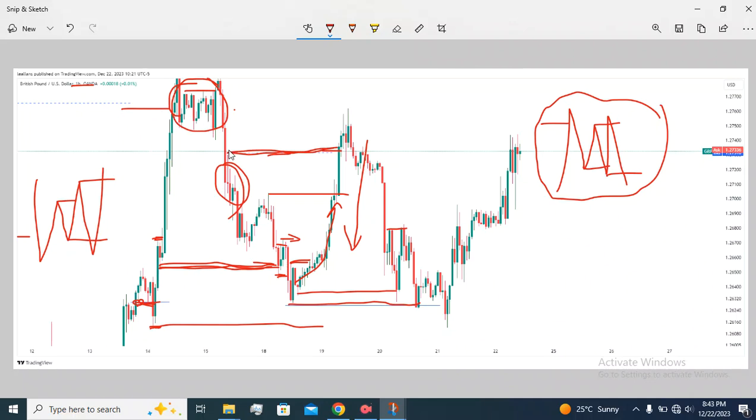So it has already occurred. First break of structure right here. Our target was mitigated just below here. So the only thinking that we are having right now, when the market was here, was to take these high highs right above here.